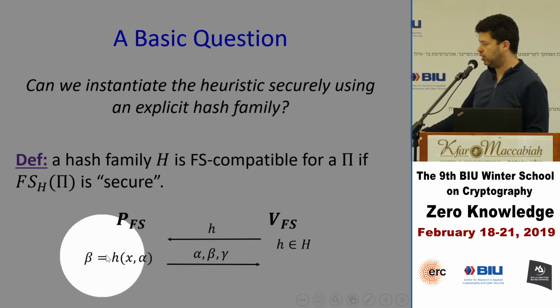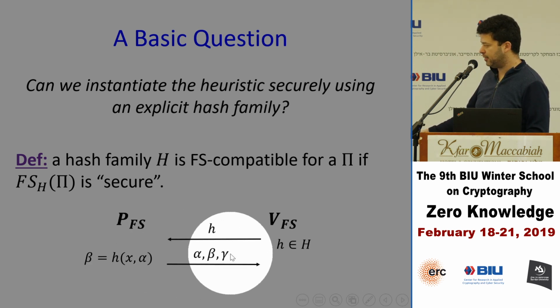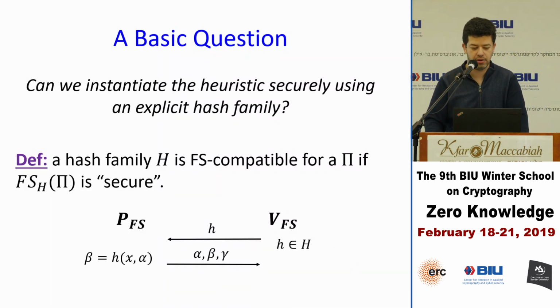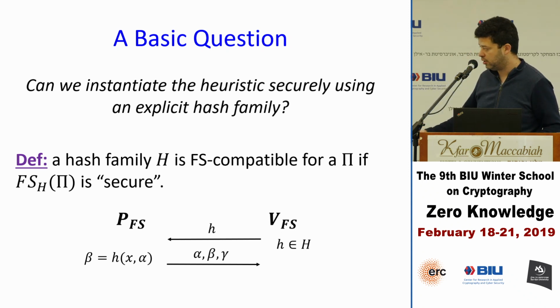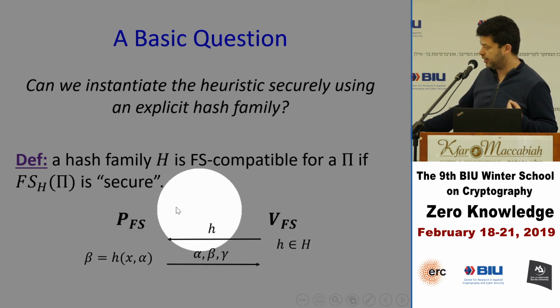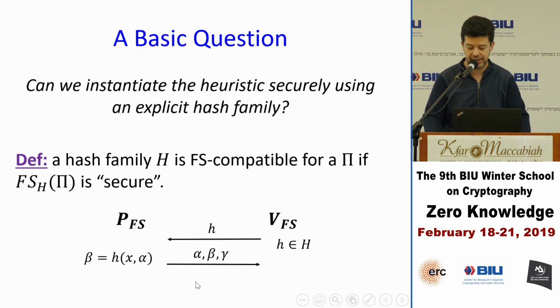The prover, as before, hashes alpha and possibly also the input x, gets beta, and sends alpha, beta, and gamma to the verifier. And we say that H is Fiat-Shamir compatible for the original protocol alpha, beta, gamma if the resulting protocol is sound and zero knowledge.